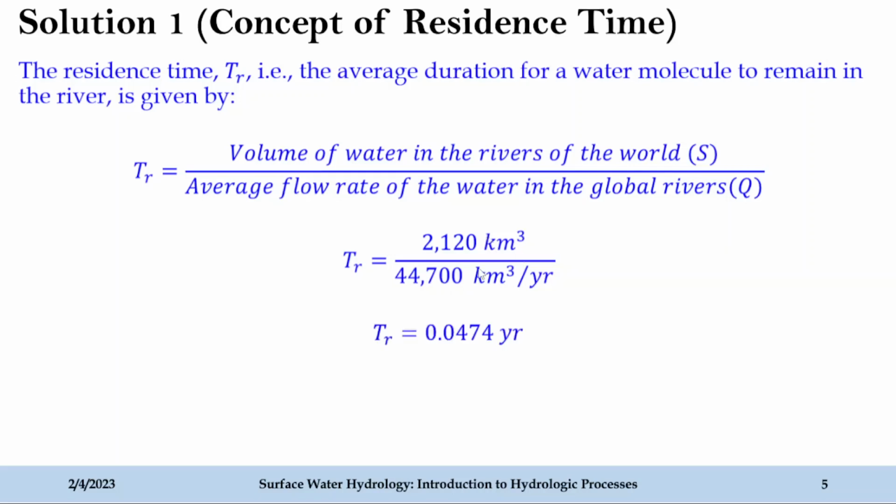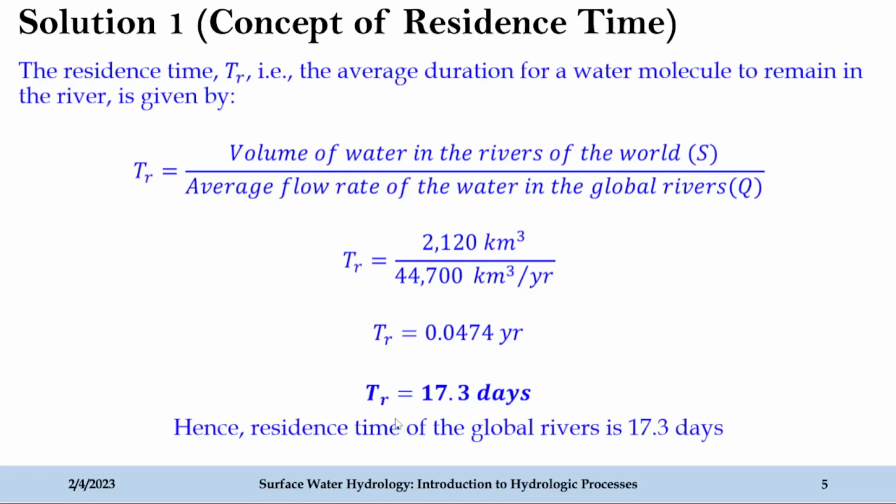If we solve this equation, we get 0.0474 years. Converting this into days, we find that the residence time of the global rivers is 17.3 days. So in a general sense, it means that a water molecule which once enters the rivers will stay in the river system for 17.3 days.